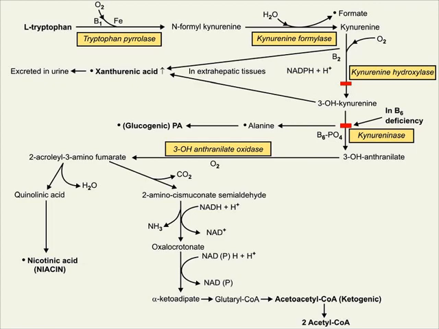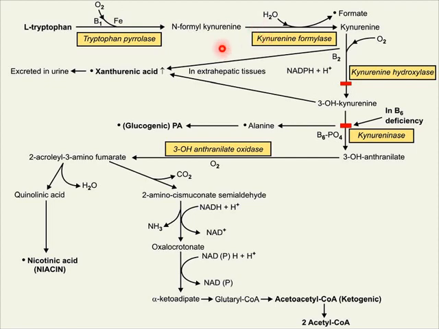Now we'll see the tryptophan metabolism and how the products are synthesized from the tryptophan one by one. The first step, tryptophan is metabolized by tryptophan pyrrolase to N-formyl kynurenine in the presence of oxygen.